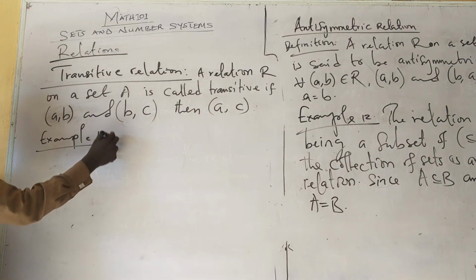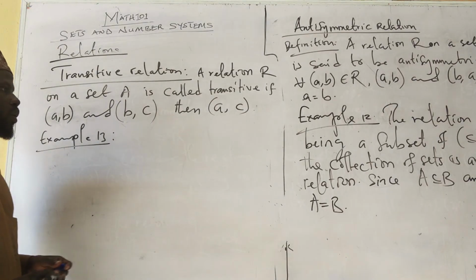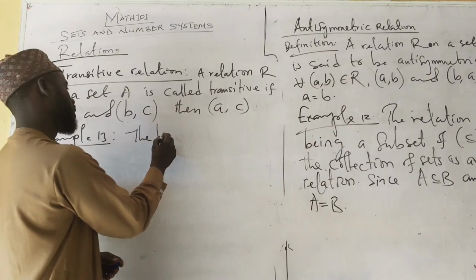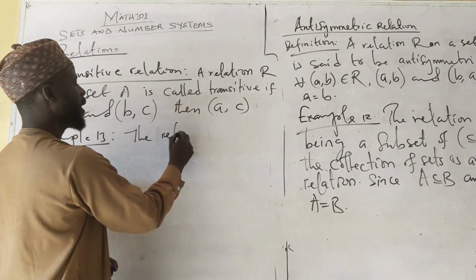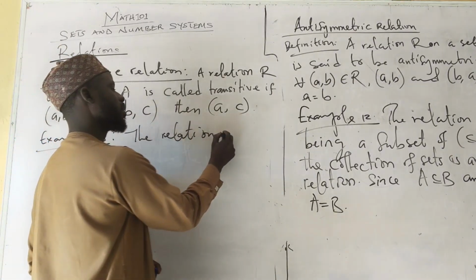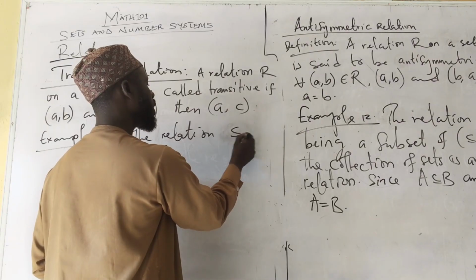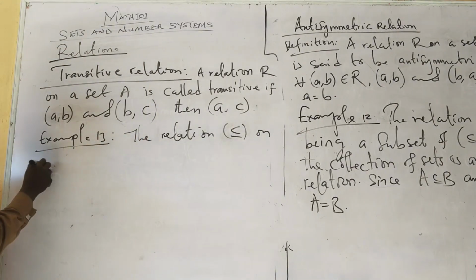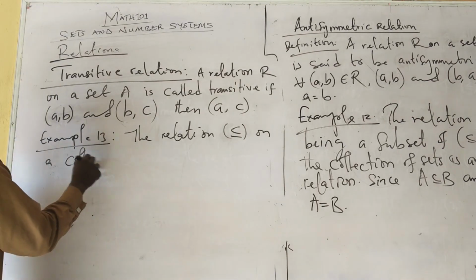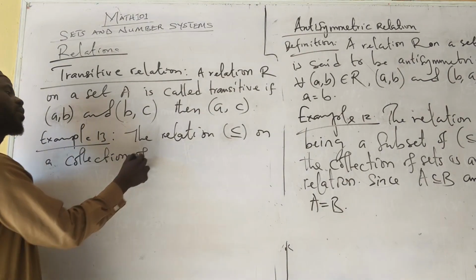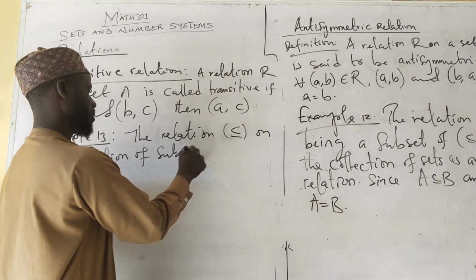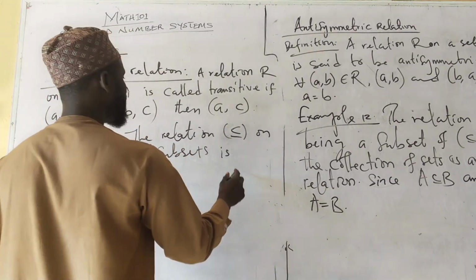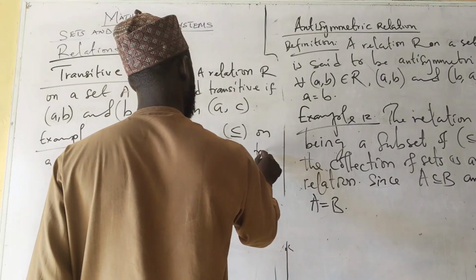So example number 13. The relation of being a subset, on a collection of sets, is a transitive relation.